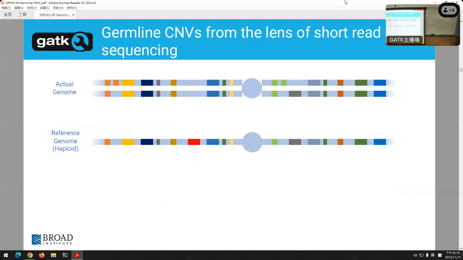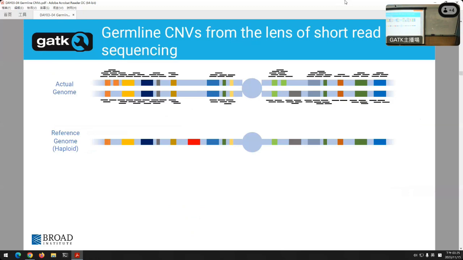Okay, so what happens when we actually do sequencing? Here is what it looks like when we shear the DNA in the sample into fragments, and then we sequence those fragments and align them back to the sample genome.